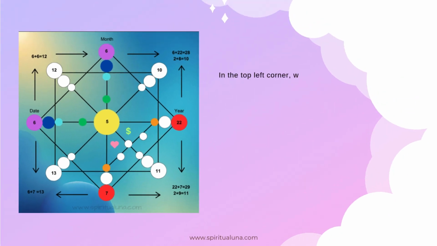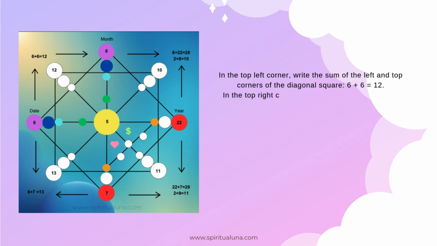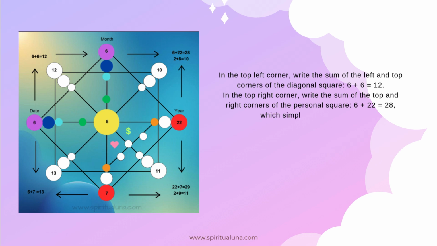In the top left corner, write the sum of the left and top corners of the diagonal square. 6 plus 6 equals 12. In the top right corner, write the sum of the top and right corners of the personal square. 6 plus 22 equals 28, which simplifies to 2 plus 8 equals 10.